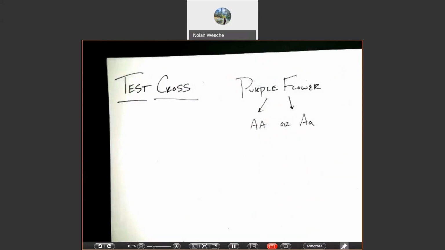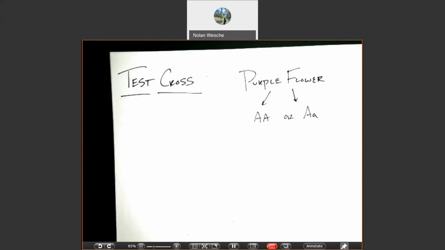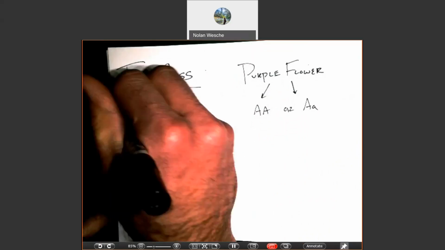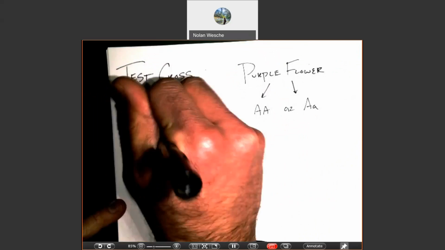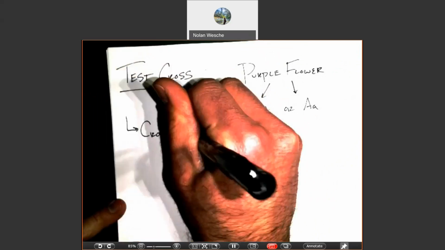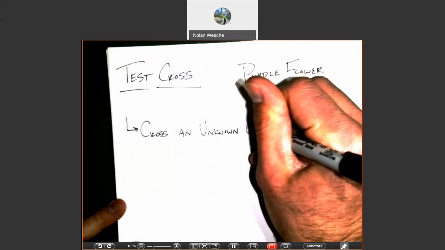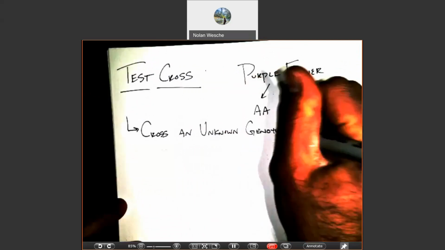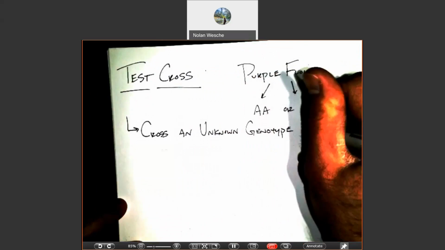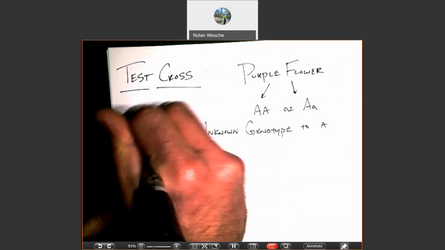And we want to know for the purposes of doing a genetic experiment. So you can perform what's called a test cross, where you are going to cross an unknown genotype to a known genotype.